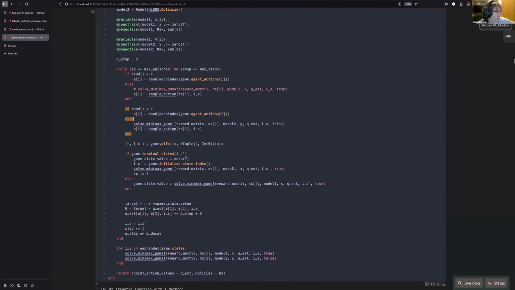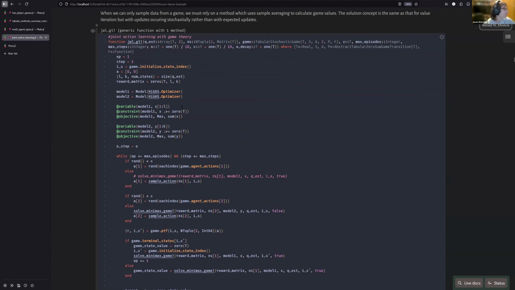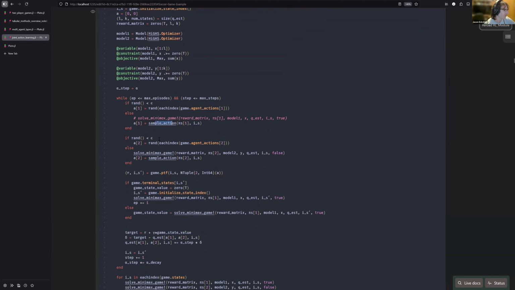So yeah, this solve minimax game also occurs in the value iteration algorithm, but here it's different because we are instantiating the episode. We start with an initial state index here, and then we go through and actually sample actions.